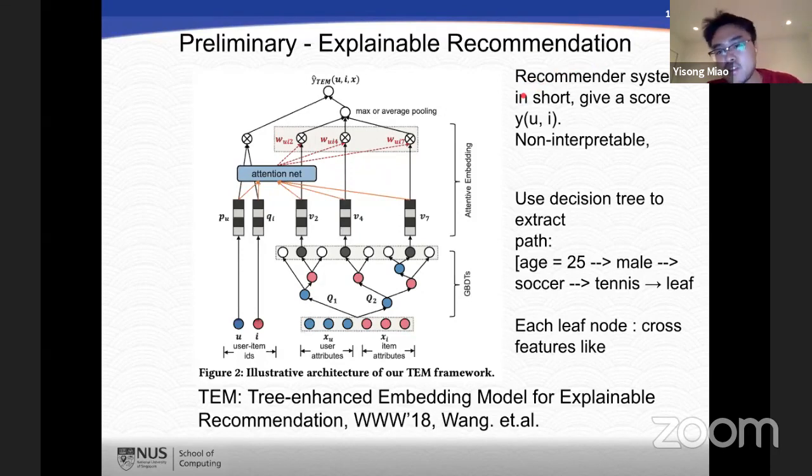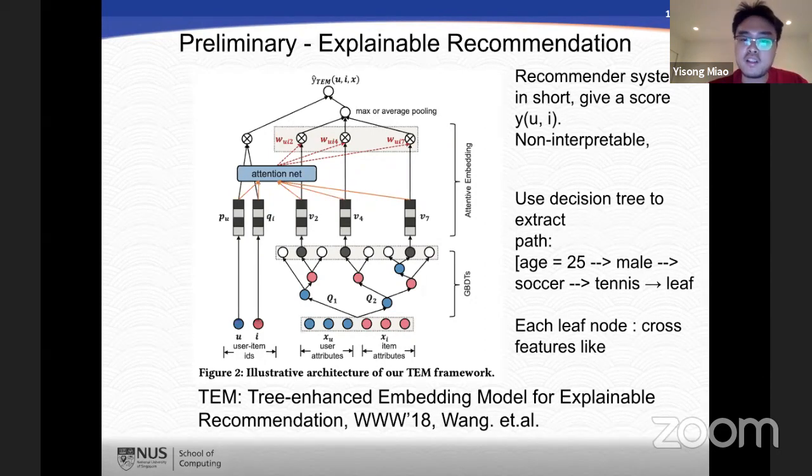Recommender systems, in short, give a score between a user and an item, right? The more similar or more matching this user and item are, the higher score they will receive. We have seen many useful models like collaborative filtering, factorization machine, and also the neural network versions of these classic models. These neural network versions were pioneered by our Wing alumnus, Dr. Xiangnan He.